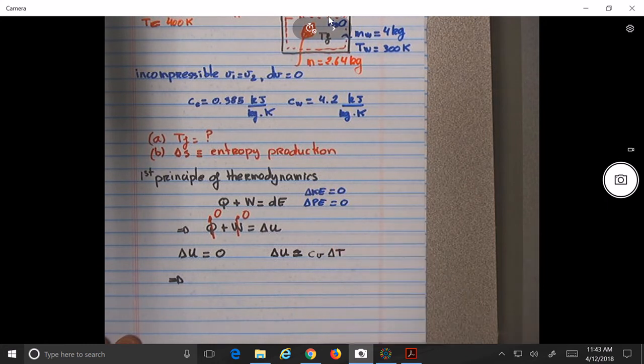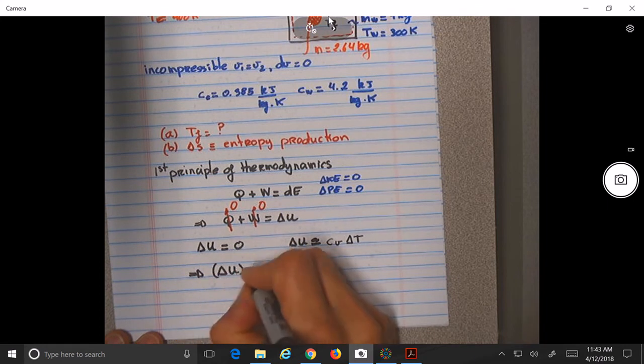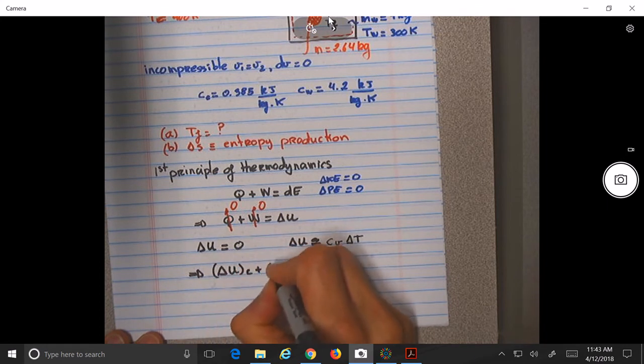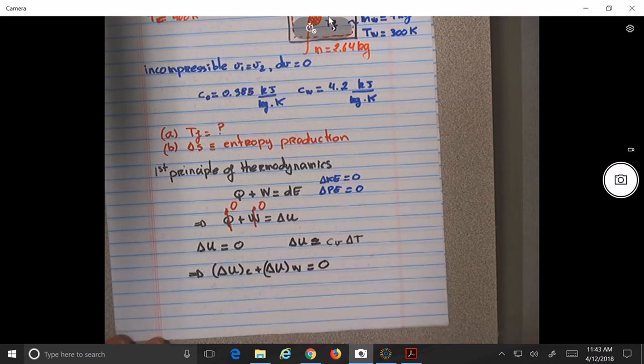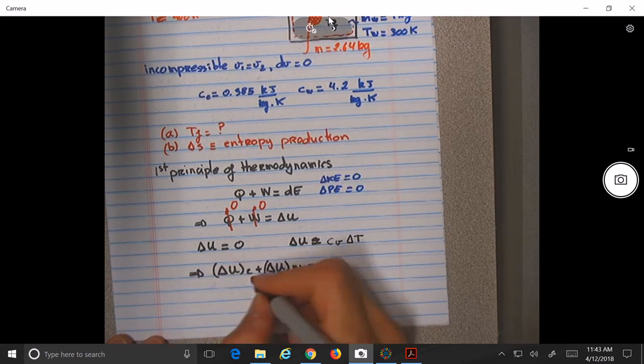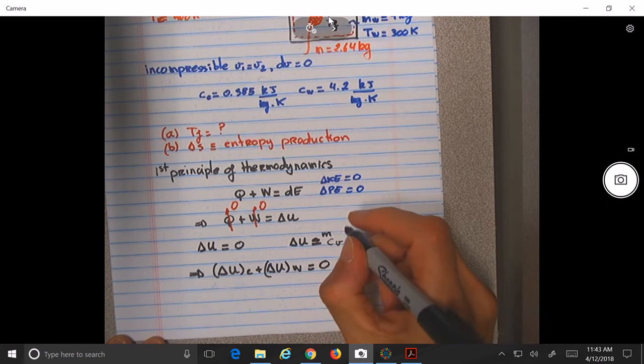So we can say that the change in internal energy of the copper plus the change in internal energy of the water is equal to 0. So you are right, we need the M, because they give us the masses over here.